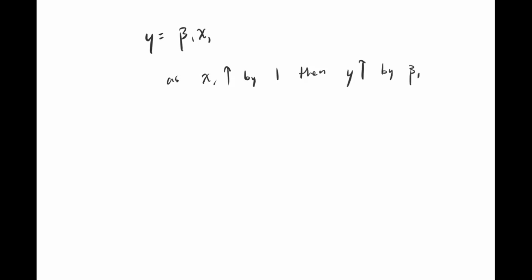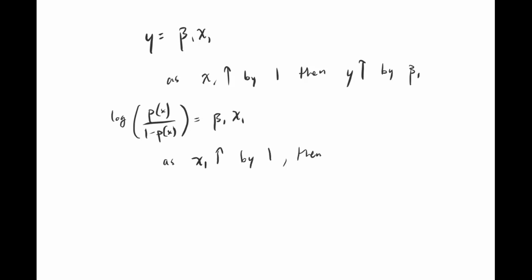But in this case, if you have it as this, then the interpretation is as x1 goes up by 1, the log odds increases by beta 1.